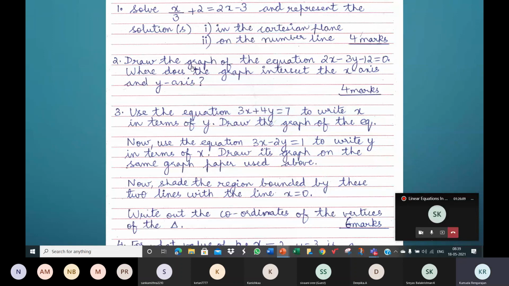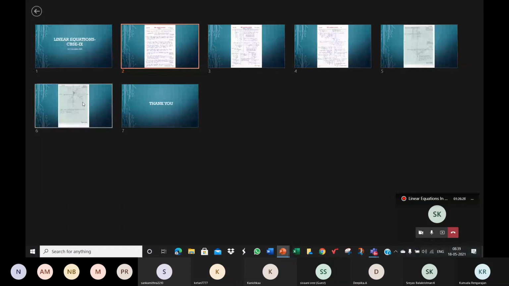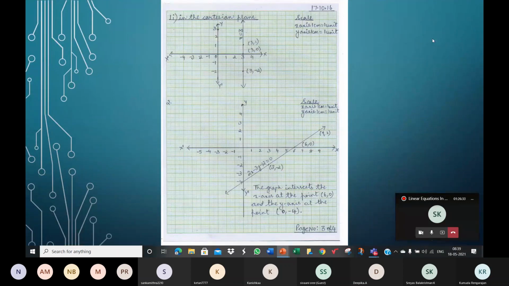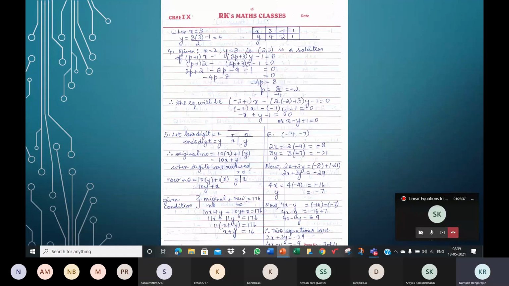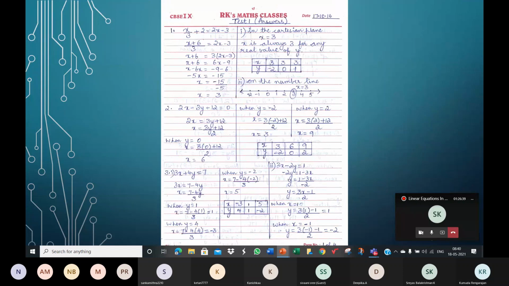All right, children. Let's see the second one. We'll just discuss the assignment answers. The second one: draw the graph of the equation. Where does the graph intersect the x-axis and y-axis? I'll tell you something about the table also.